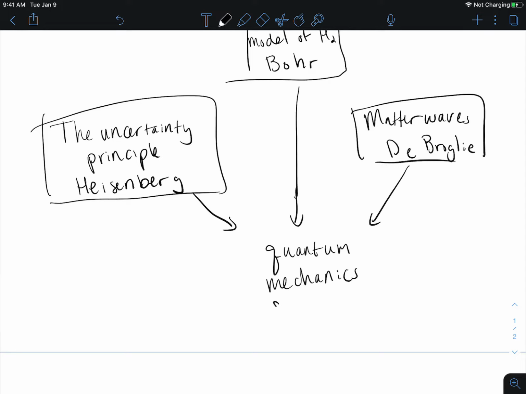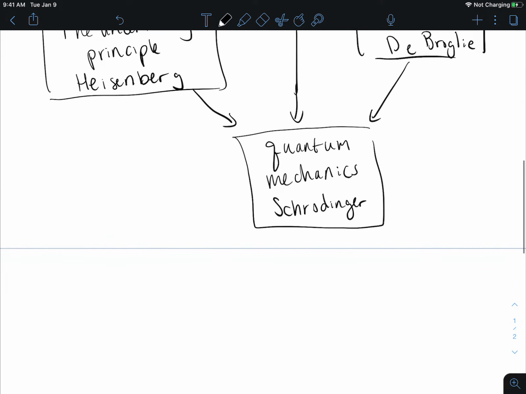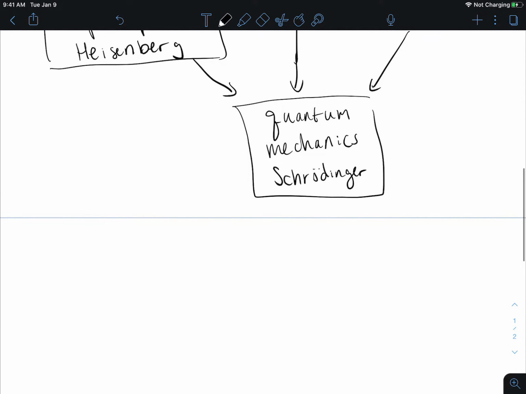Which is Erwin Schrödinger. So Erwin Schrödinger, a name a lot of people are familiar with because of pop culture.